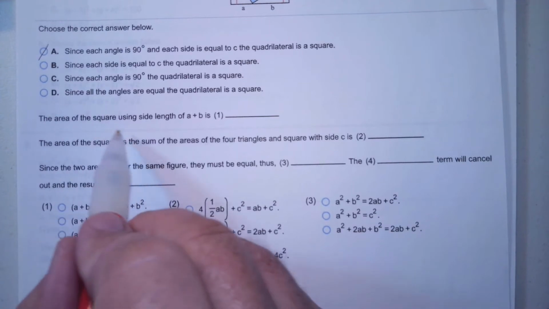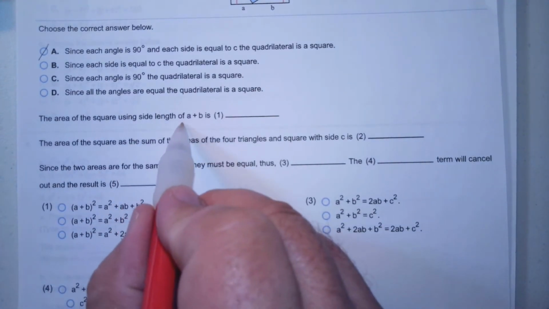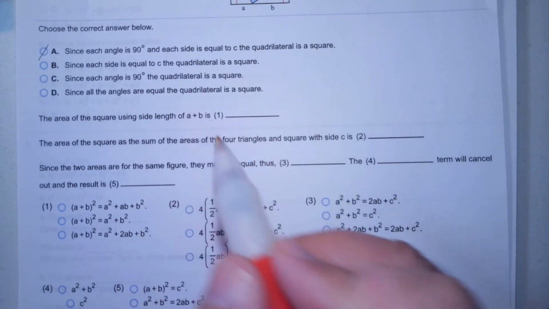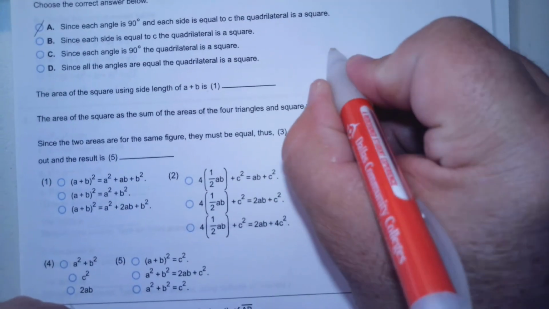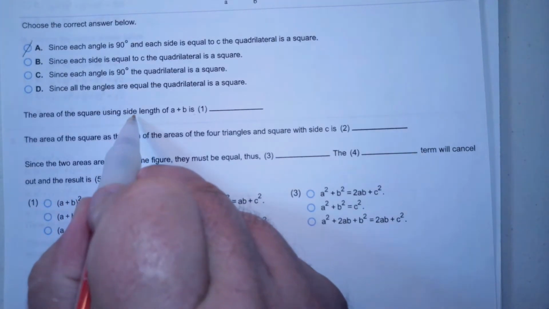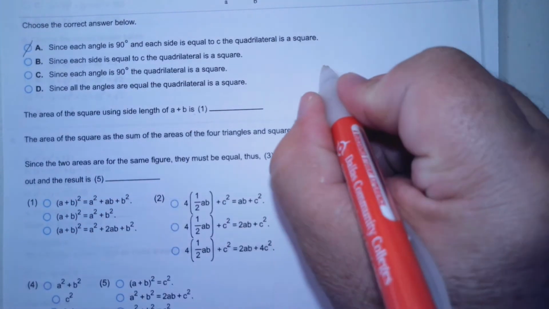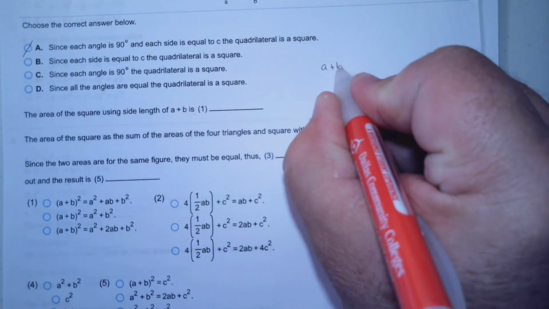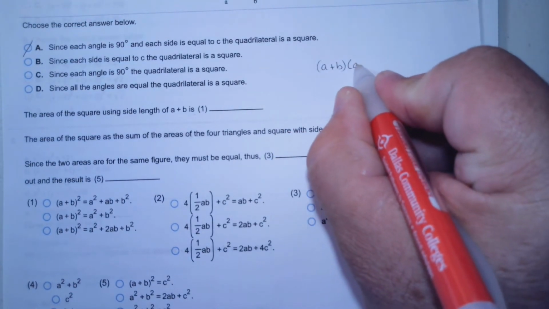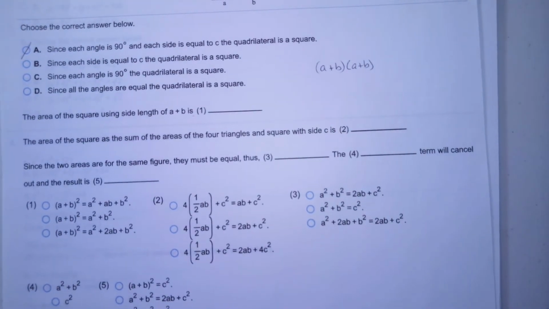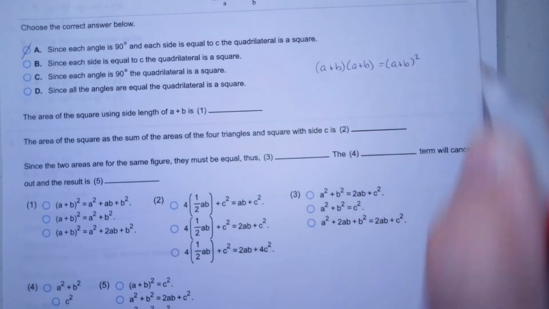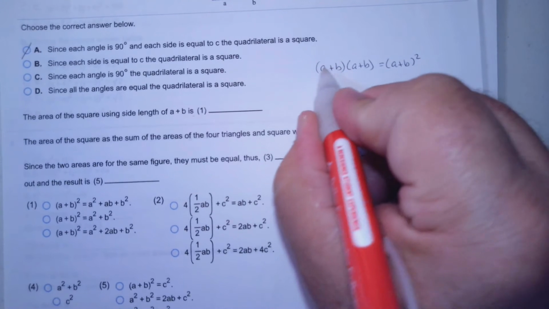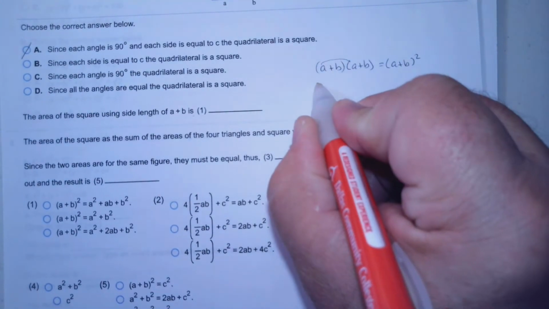Then, the area of the square using side length A plus B. So we have A plus B times A plus B. That's the same thing as A plus B squared. Let's do the FOILing. A times A is A squared.